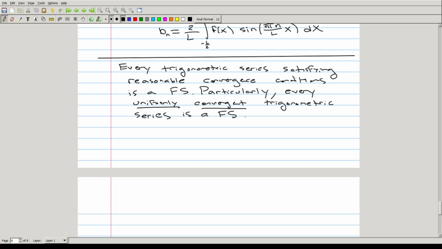But what we can do is go through and show relatively straightforward that if a given series is a Fourier series, then it'll be unique for a given function.